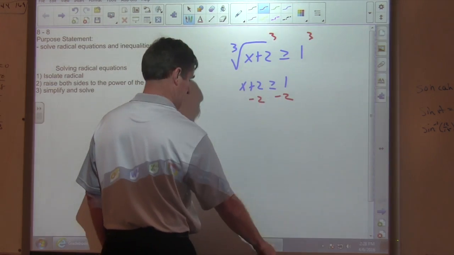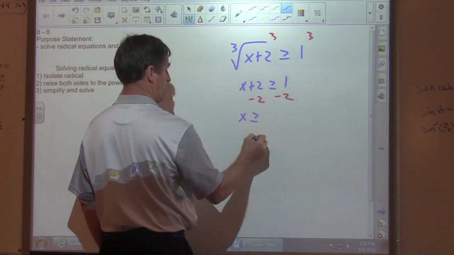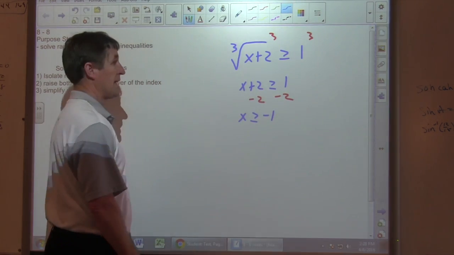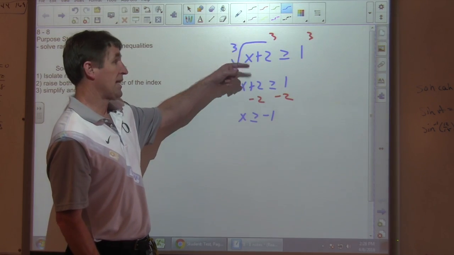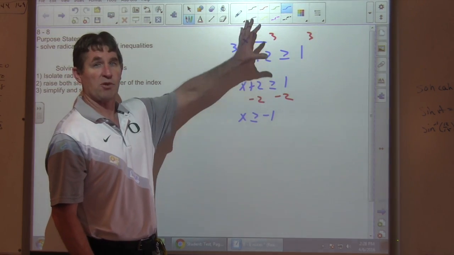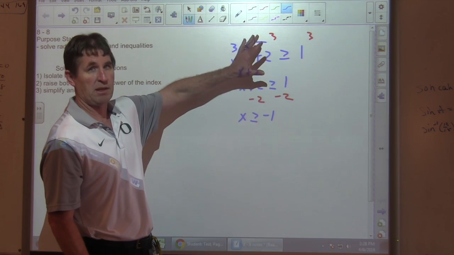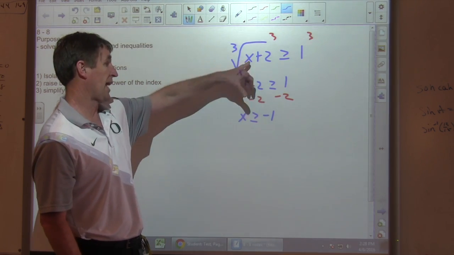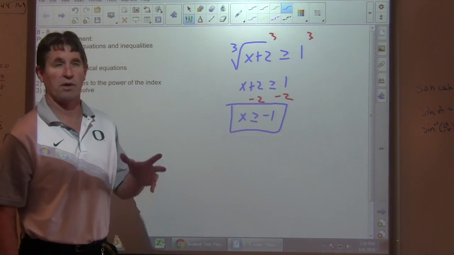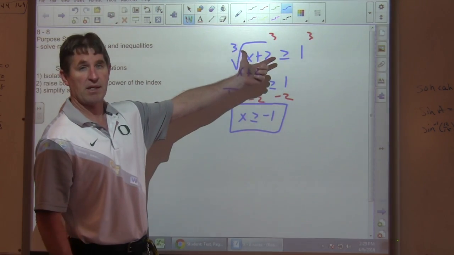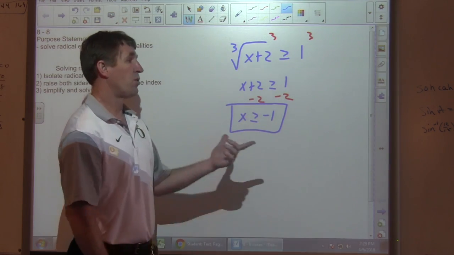Subtract 2. We get x is greater than or equal to negative 1. Now, this is the cube root. Remember, if it's an odd index, we can deal with negative numbers, so we don't have to worry about x plus 2 being positive or negative, because we can handle that. So in this case, this would be our answer, because we don't need to worry about this having to be a positive number.